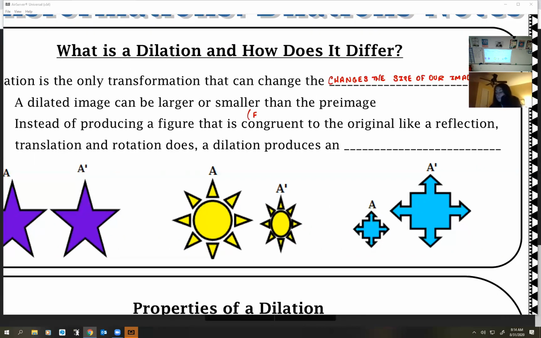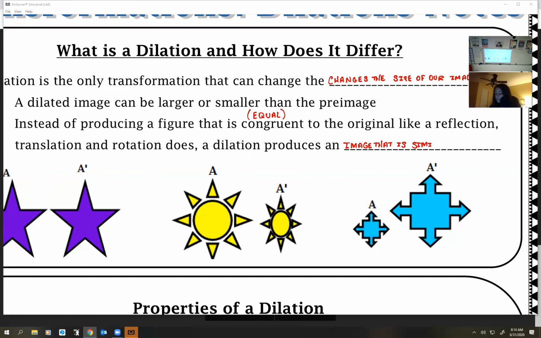Yep, same, equal. A dilation produces an image that is similar.